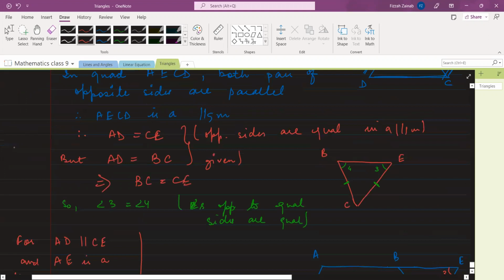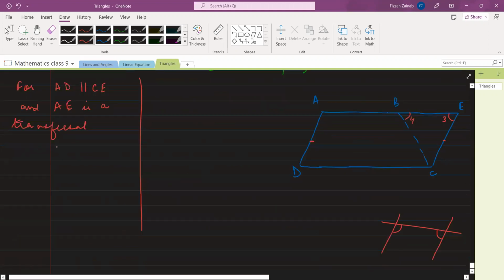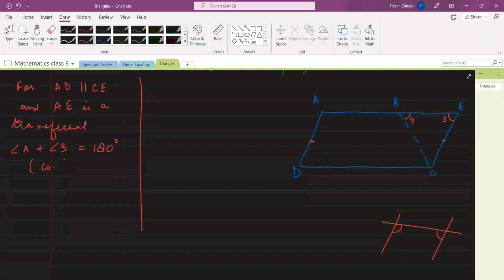So I can say that angle A plus angle 3 is 180 degrees. Understand? Why I can say that: co-interior angles are supplementary. That is why. So from here I get the value of angle A, which is 180 degrees minus angle 3.